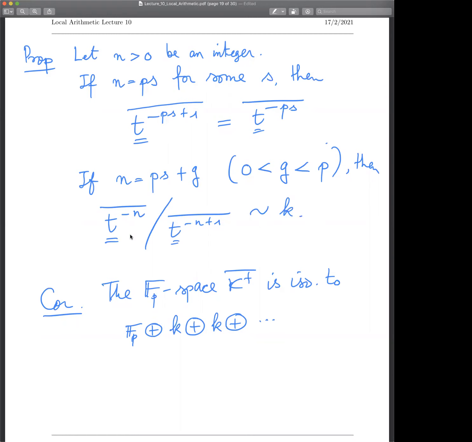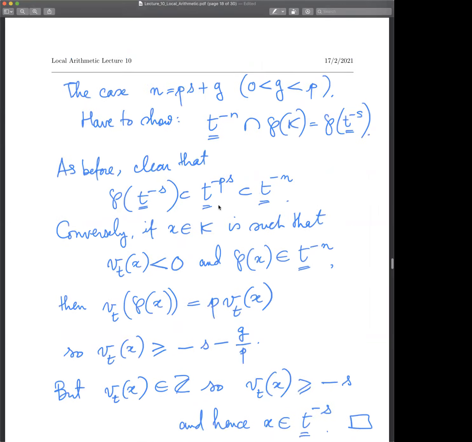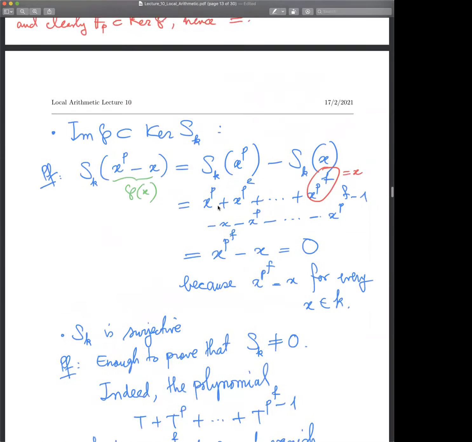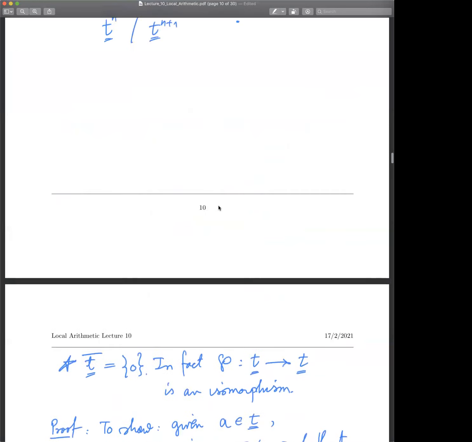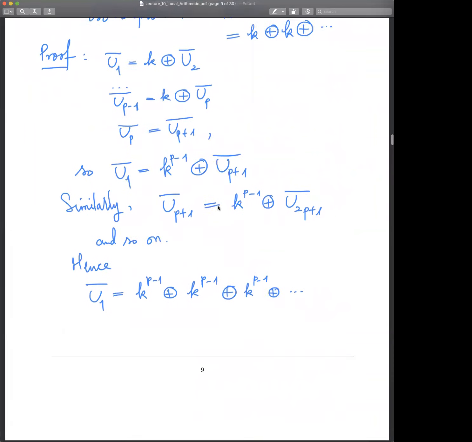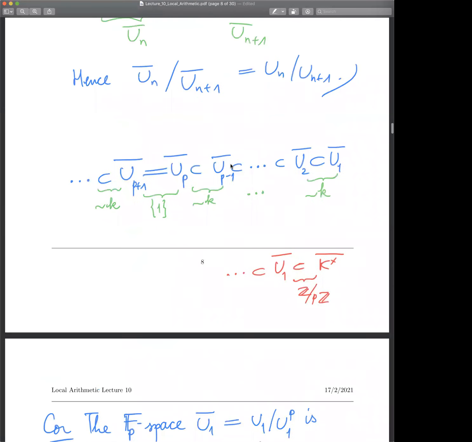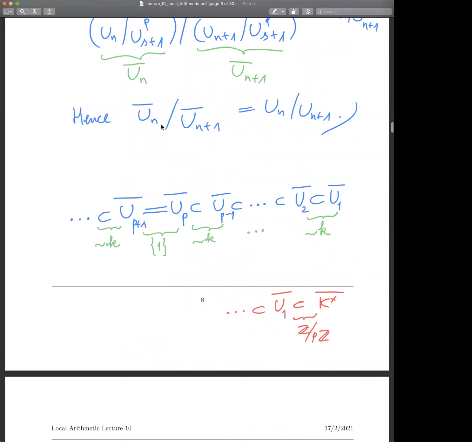Maybe instead of k, I should have written that it's equal to t to the minus n over t to the minus n plus 1 without the bars, just as we had it for the multiplicative group. Yeah, here we had it for the multiplicative. Un bar modulo un plus 1 bar was identified with un modulo un plus 1.